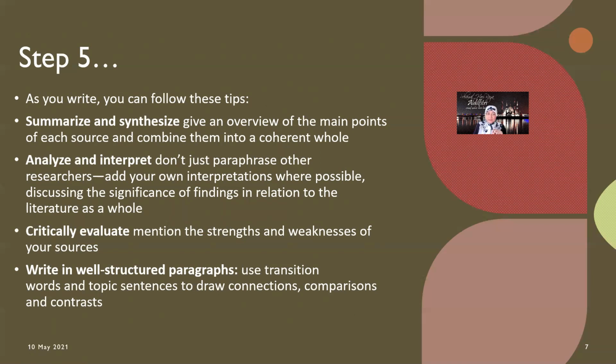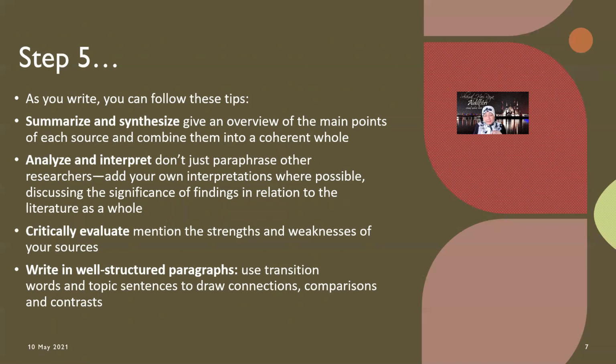So when you write a literature review, make sure first you summarize, you introduce the journals or the applications first, you synthesize, give them an overview. Then you analyze and interpret using your own judgment, using your own knowledge, then critically evaluate them. Again, with your own knowledge and supported with other journals.